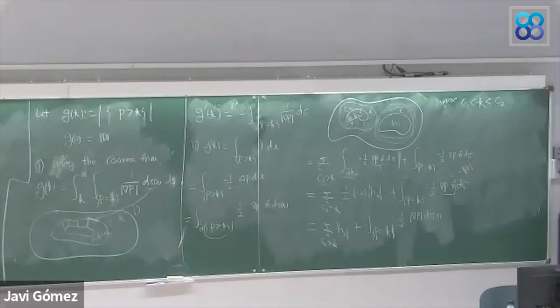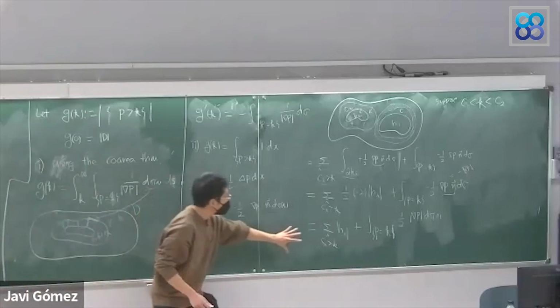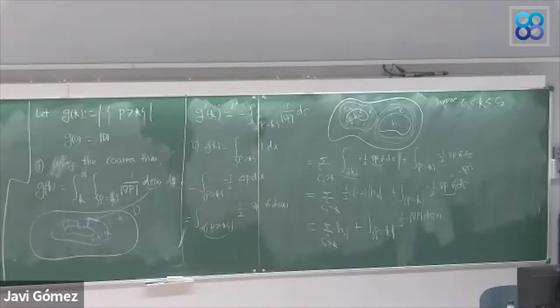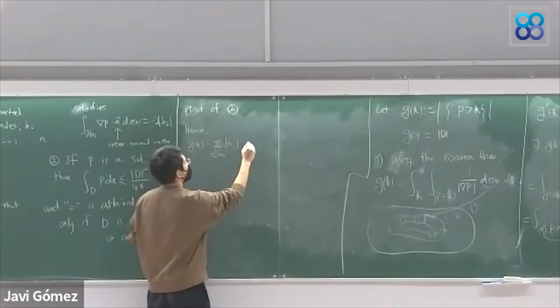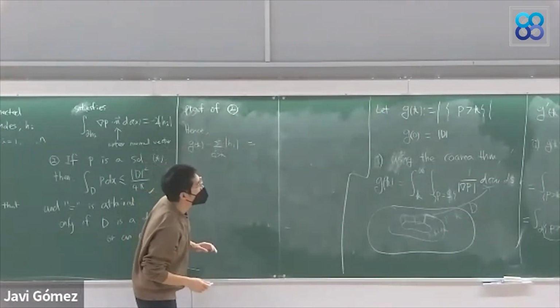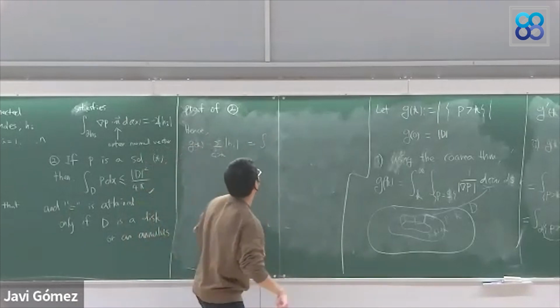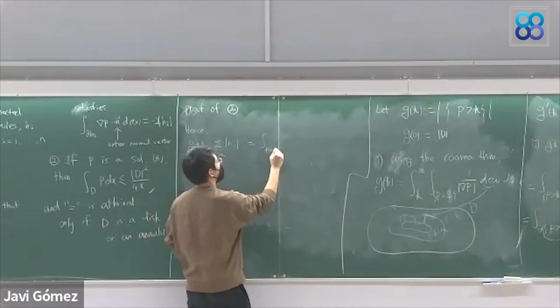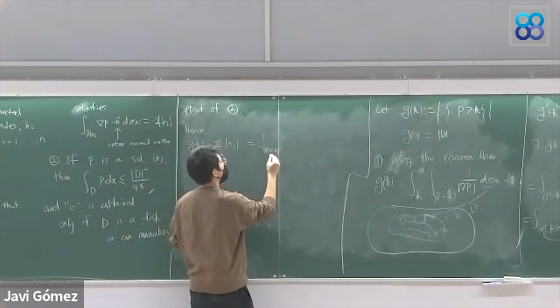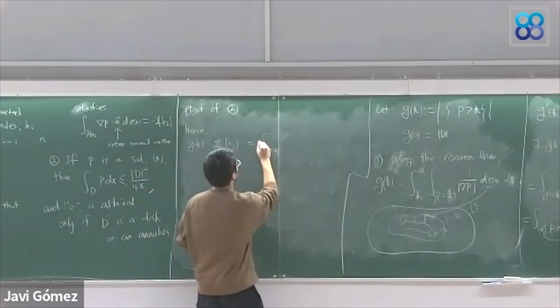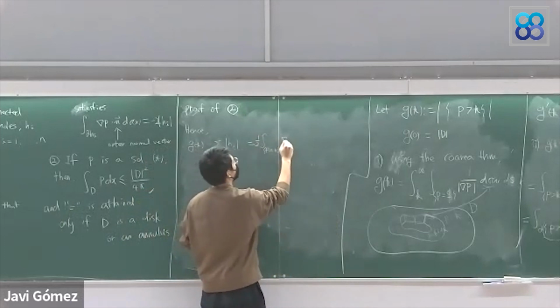So we move this term to the left hand side. So we have the sum of c_i of h_i is equal to p_k, 1/2, p.